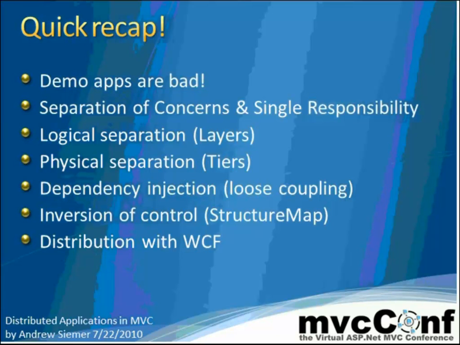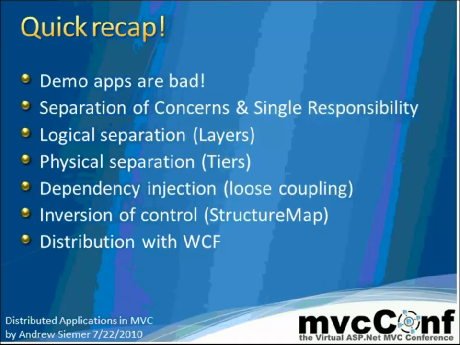It's one step closer. Dependency injection allows us to remove all of our tight coupling. No longer does one implementation have to know about its dependencies. It doesn't have any idea what a concrete type is. It works purely off of interfaces, off of contracts that it wants injected in.